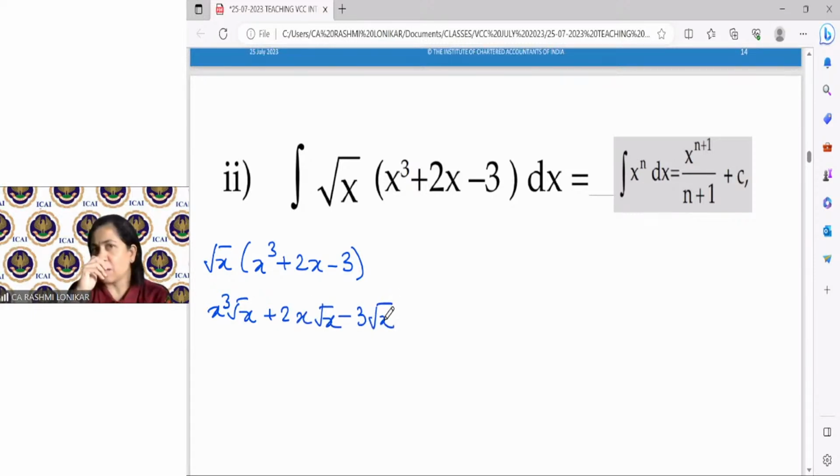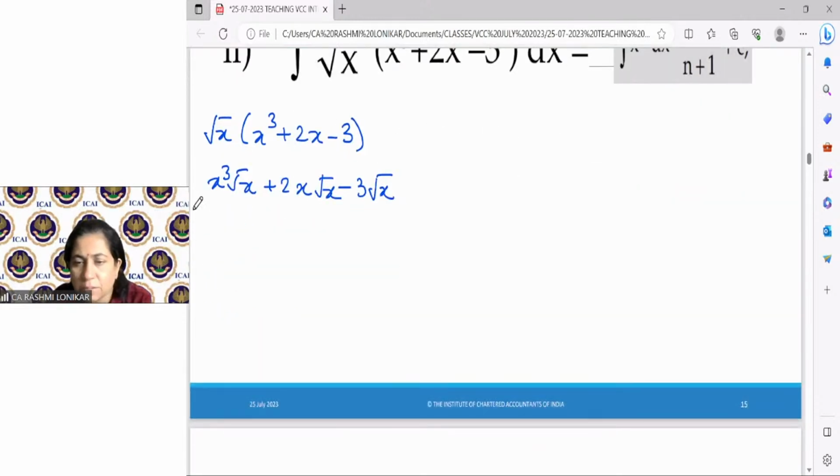This is how it becomes. Now I will put it in the indices format. This is x cube into x raised to half plus 2x into x raised to half minus 3x raised to half.